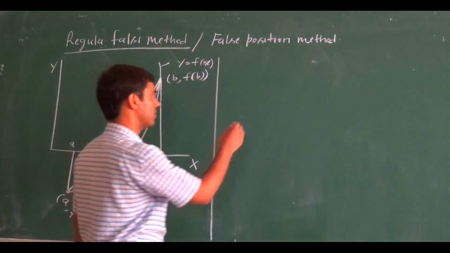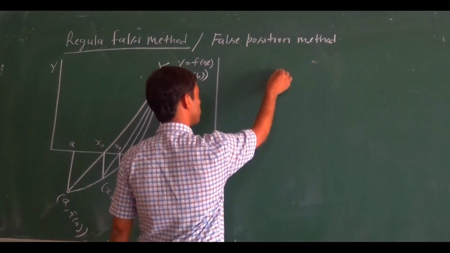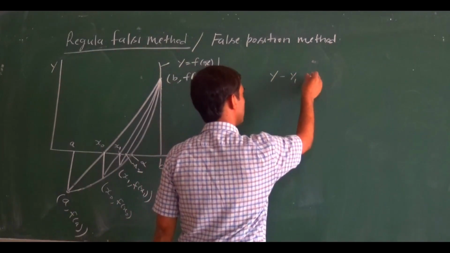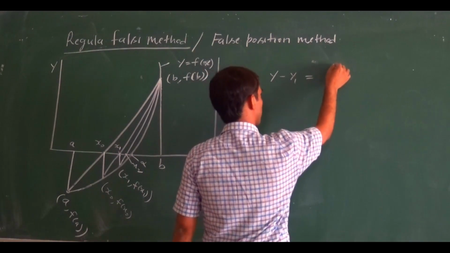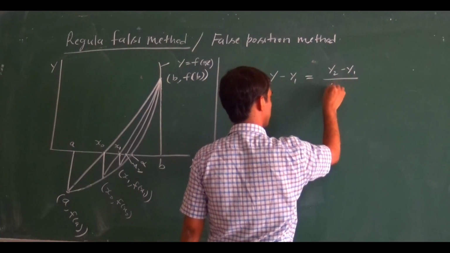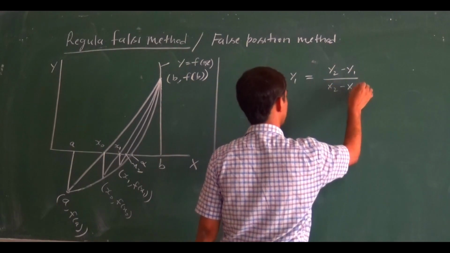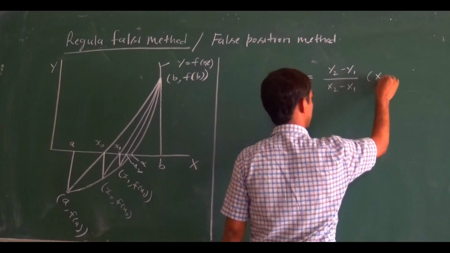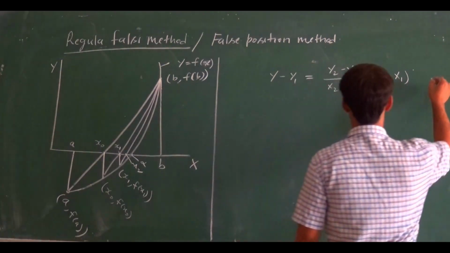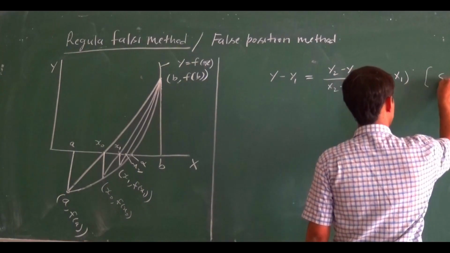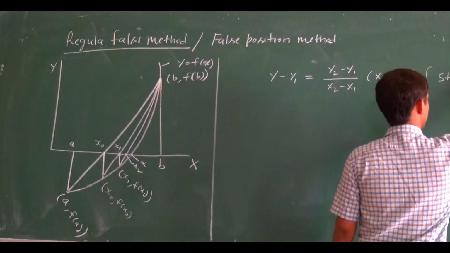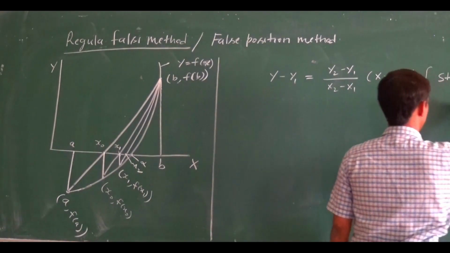So, as we know, what is the equation of a straight line between two points? y minus y1 equals (y2 minus y1) divided by (x2 minus x1) times (x minus x1). This is the equation of a straight line between two points.